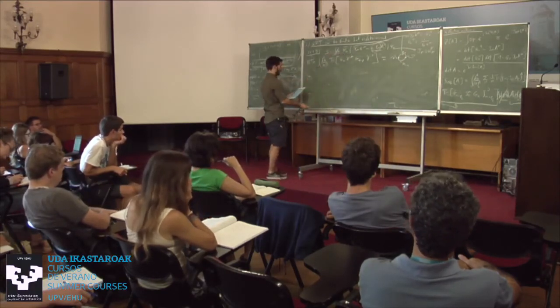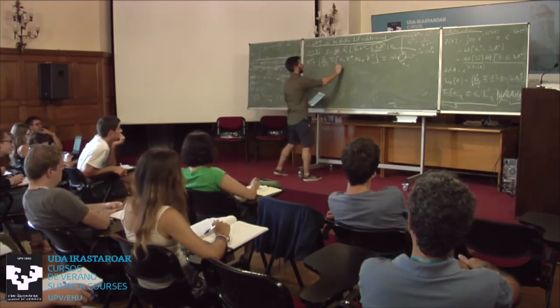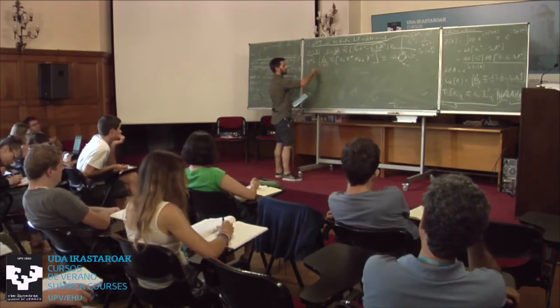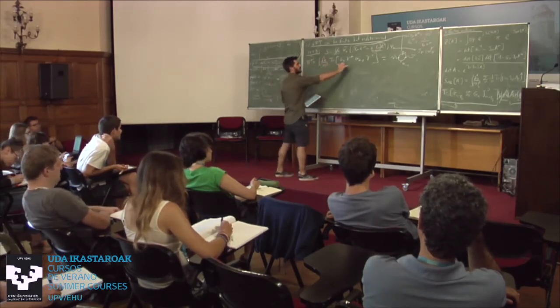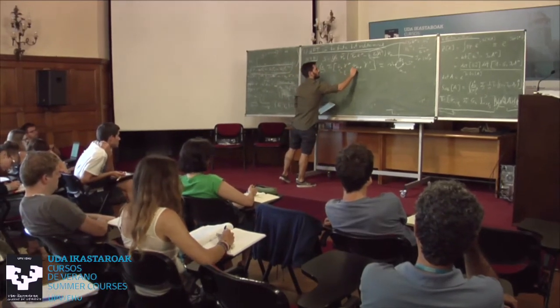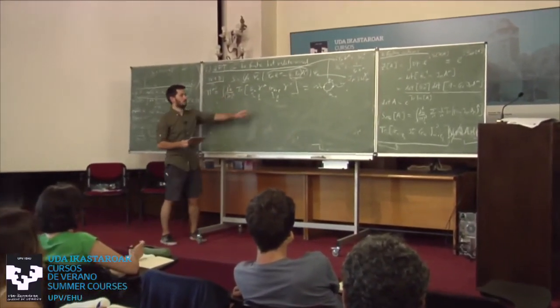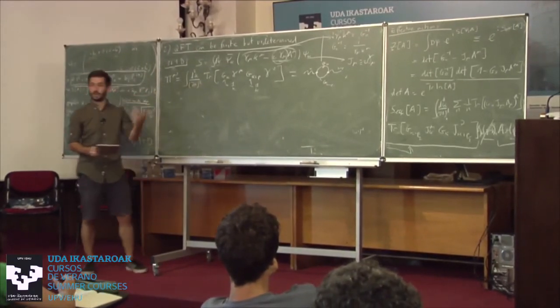One thing I have to say is how this integral behaves. I have two powers of k here, so this goes like 1 over k, and this goes like 1 over k. So k squared over k squared, so this integral is logarithmically divergent. So I have to regularize it in some way.